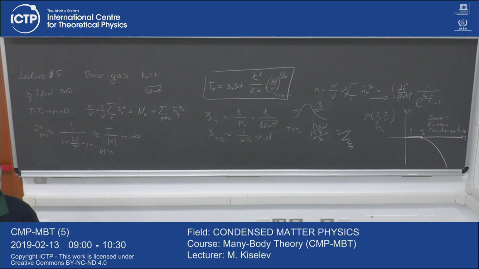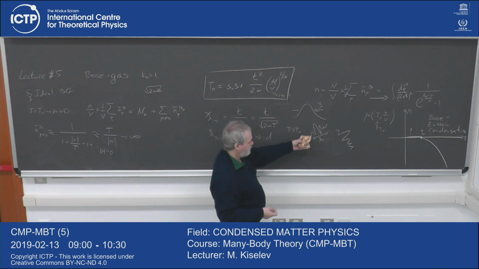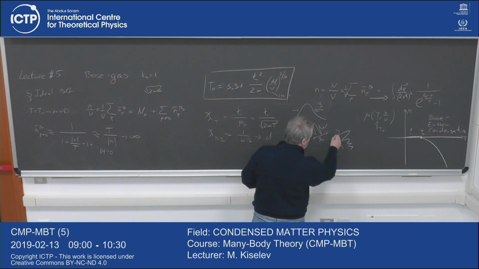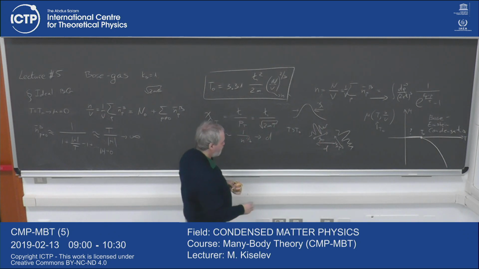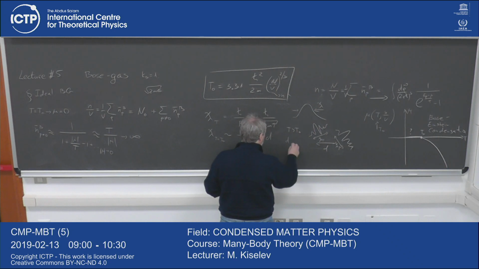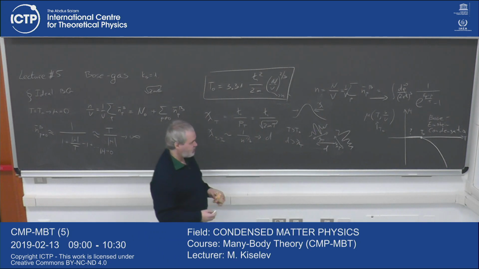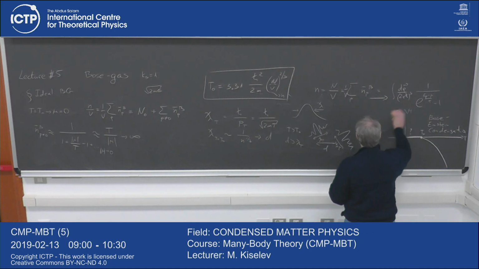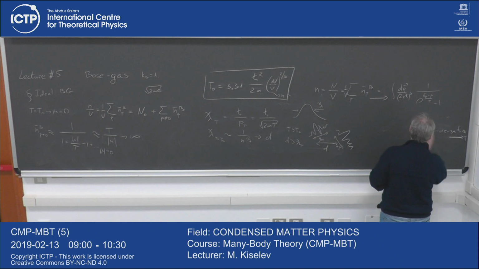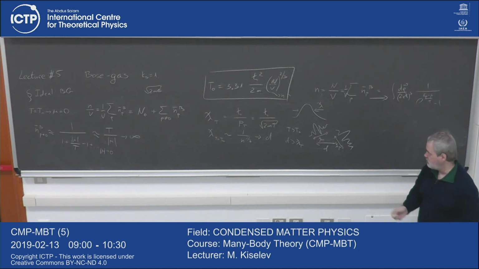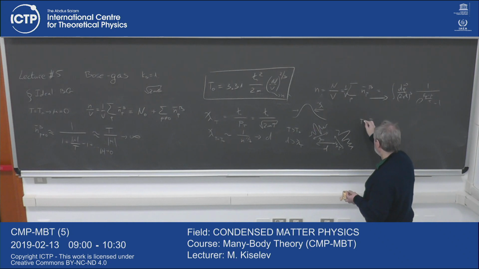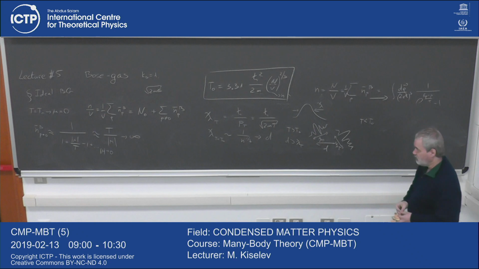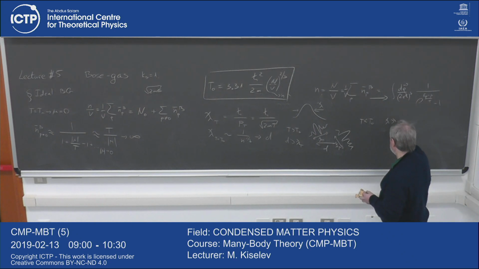So at the same time we can speak about states as particle and wave. This is also lambda T, and this is the average distance between particles. So if T is larger than T_0, the distance between particles is larger than lambda T. This is picture number 1. Picture number 2 tells us that if the temperature is smaller than T_0, then the de Broglie wavelength is much larger than d.